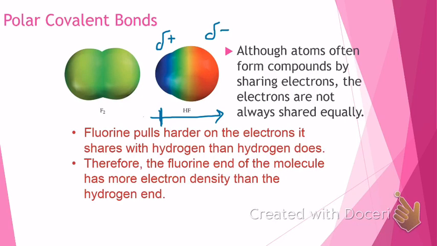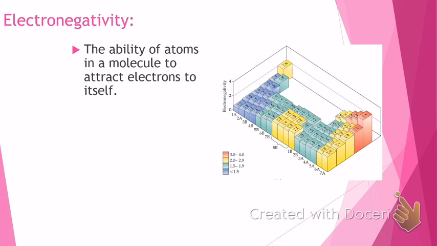So we have to have some way of determining or defining which atom loves the electrons more than the other atom. And that term is called electronegativity. Electronegativity is literally the ability of an atom to attract electrons to itself.